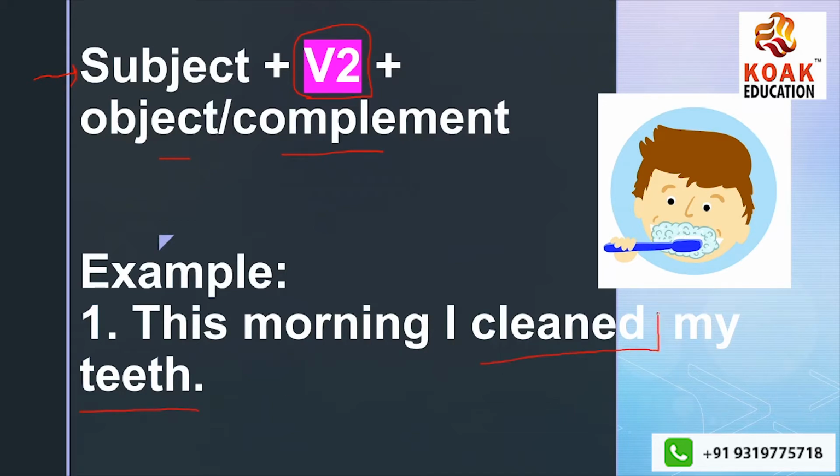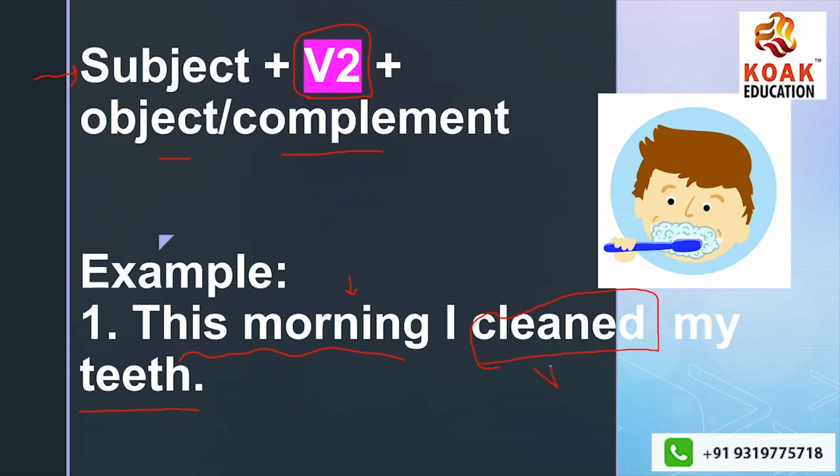Already done. Let's say I'm talking to you, this is evening. Just for example, assume that this is the evening that we are talking about, and I am telling you about morning, an action that is already completed in the morning. So I say, this morning I cleaned my teeth.